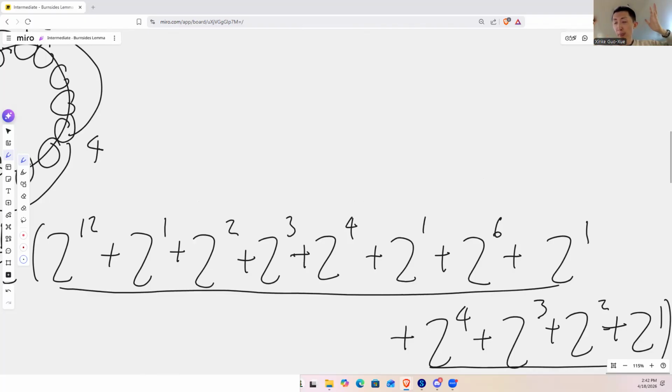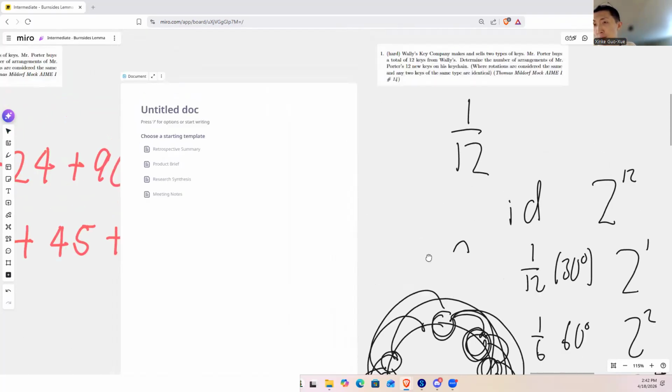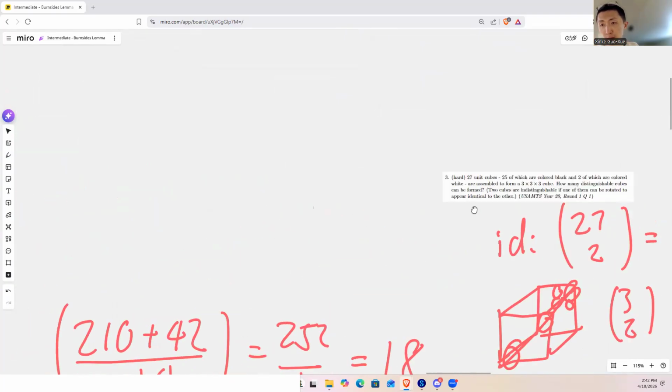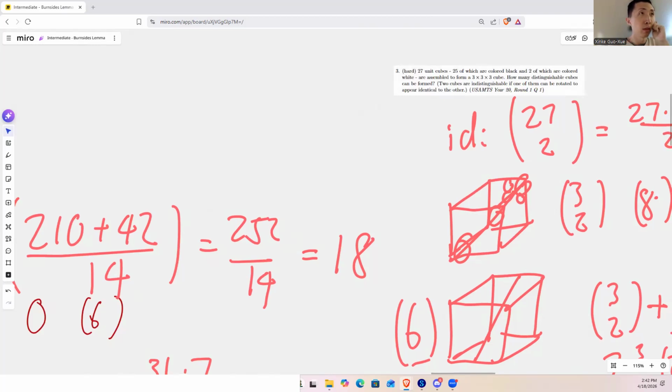So this gives some interesting congruence modulo 12, because this is an integer.